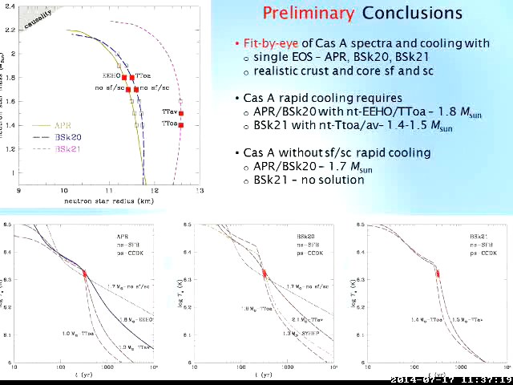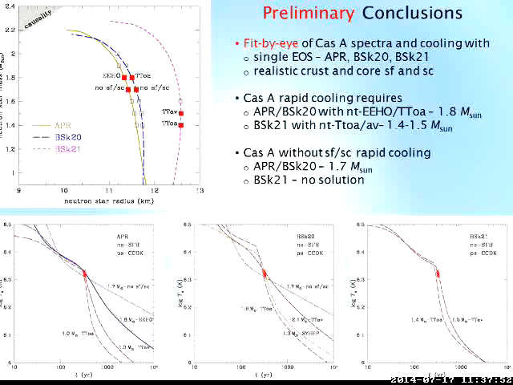I ask, can that cooling curve run through the Cas A cooling data? If it can't, then it's not a good fit. If it can, then that's a constraint on the mass and radius, or the equation of state. Again, don't take this literally, because I'm currently doing the detailed fits. These are just fits by eye.